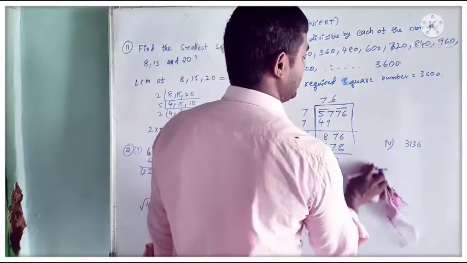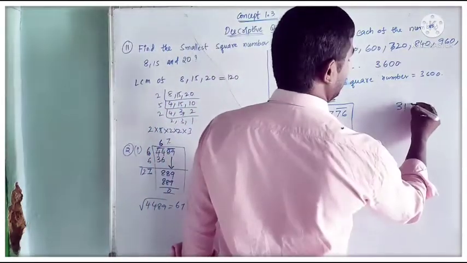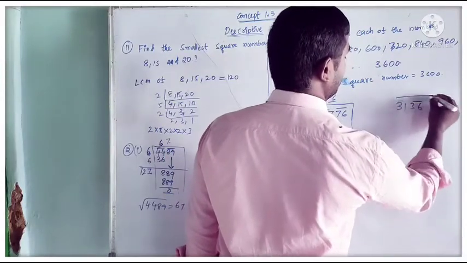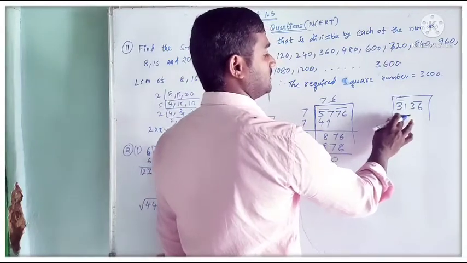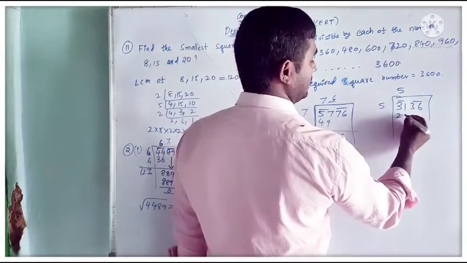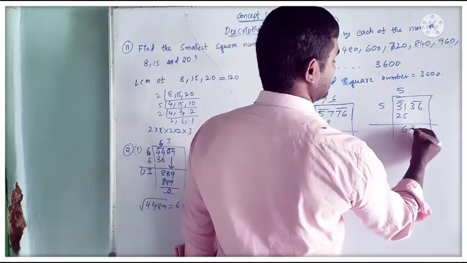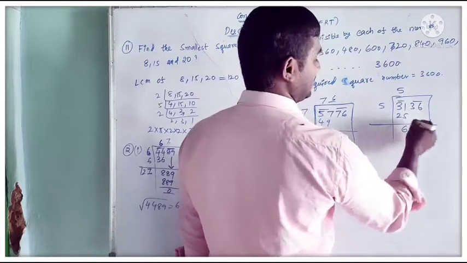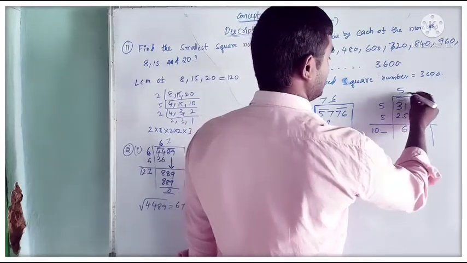Likewise, we are going to find it for the fourth question: the square root of 3136. Make the bars first. The nearest perfect square to 31 is 25. That 25 we can write as 5 fives are 25, and subtract. 31 minus 25, 6. 636. We need to bring down the next. So 5 plus 5, 10. Here one digit will come, here one digit will come.